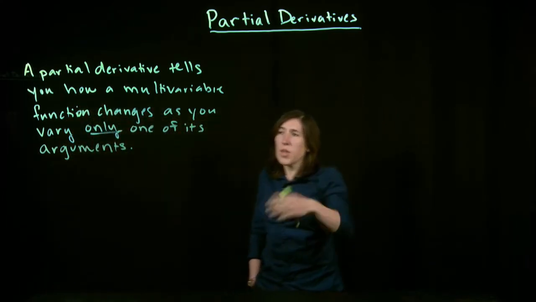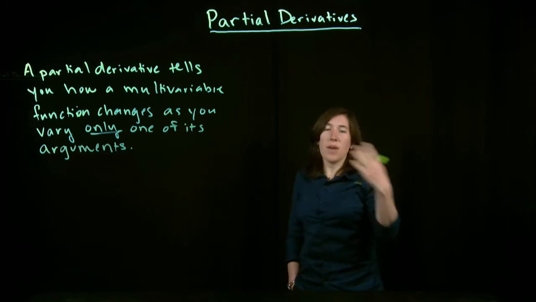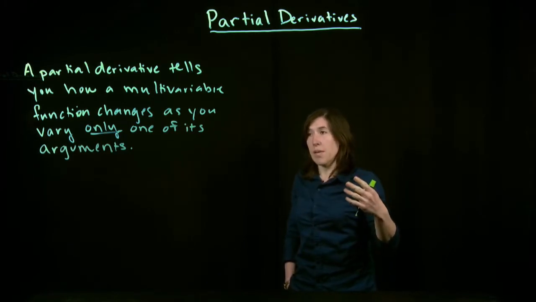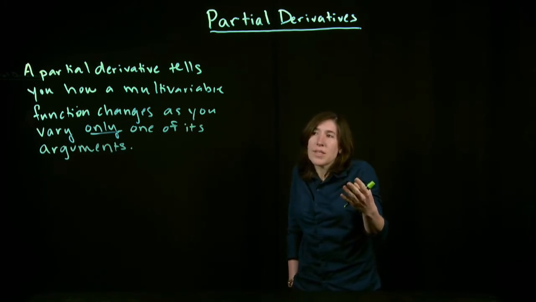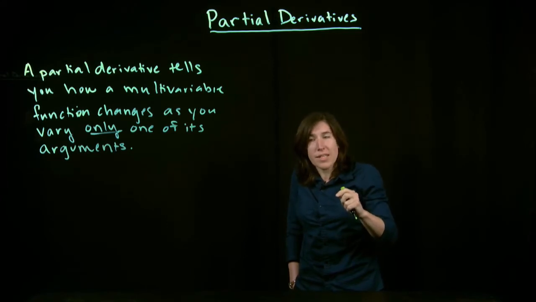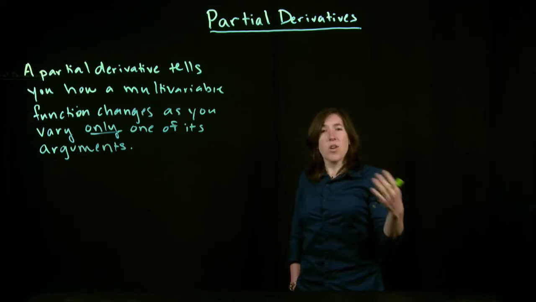So what it tells you, so you have some function that somehow depends on multiple variables, and you want to see what happens when you adjust only one of these. So this is sort of just like taking a normal derivative.